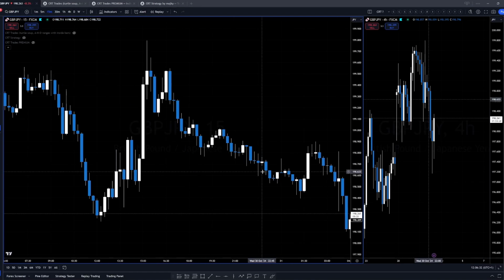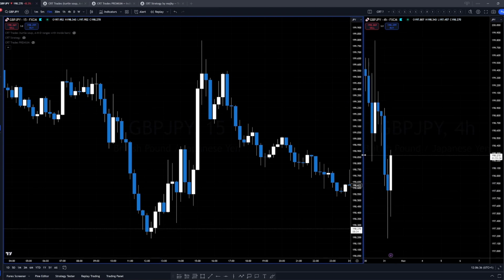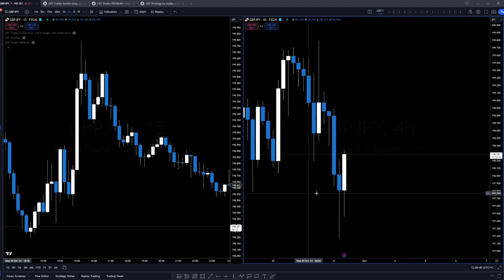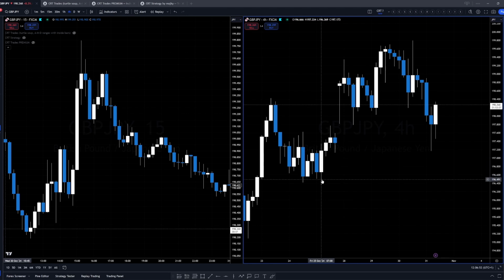So, for example, as you can see here, this is the 15-minute time frame, but this is the 4-hour time frame, and as we can see here, this candle can be accumulation or range, and this second candle can be manipulation because it only wicked or took liquidity from this low. It didn't close below.